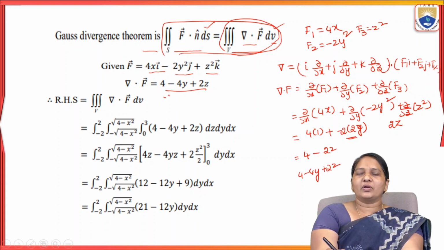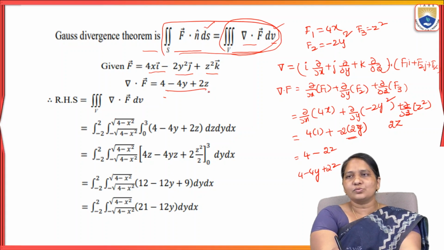So finally, del dot f is 4 minus 4y plus 2z.